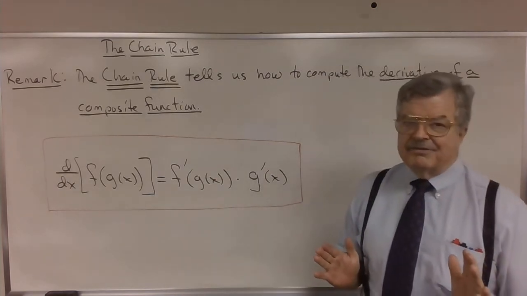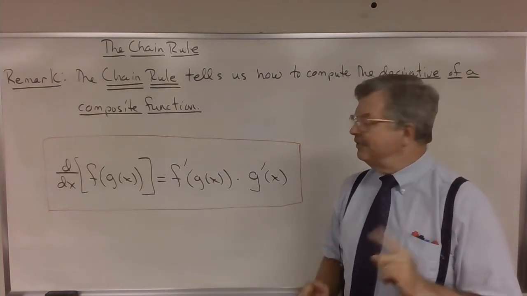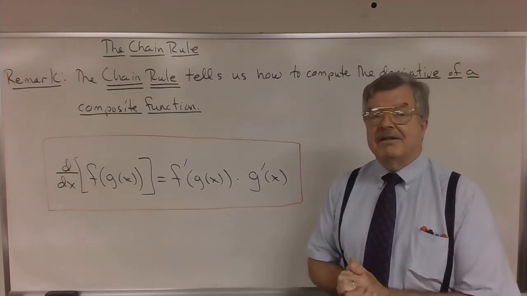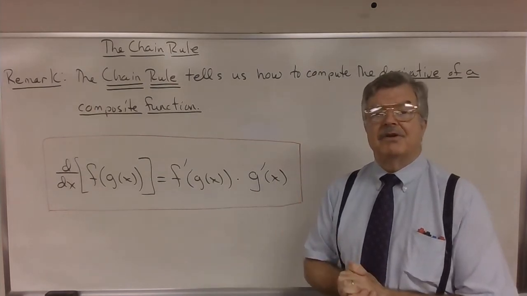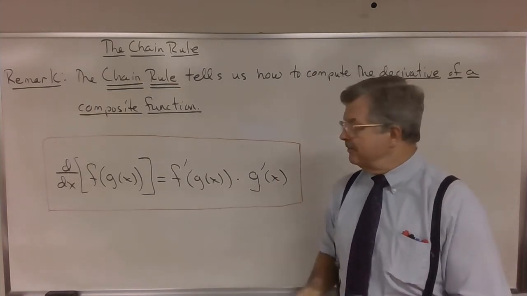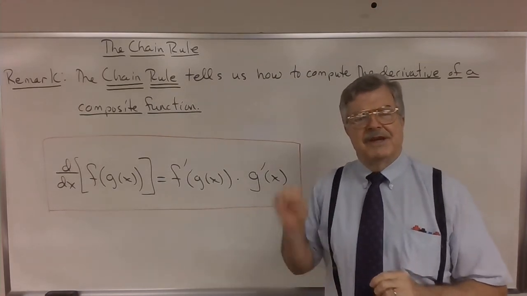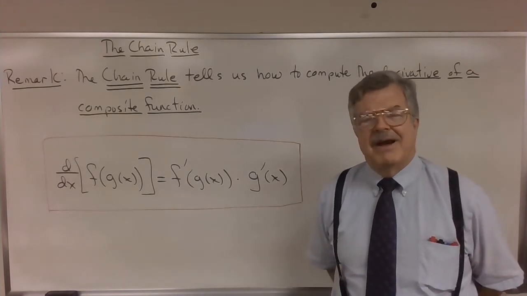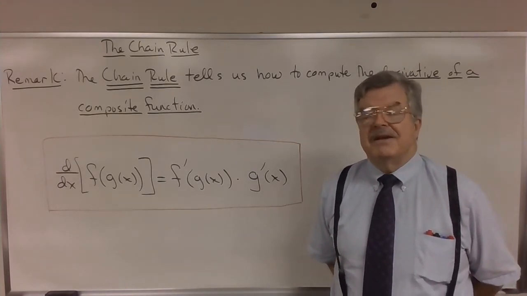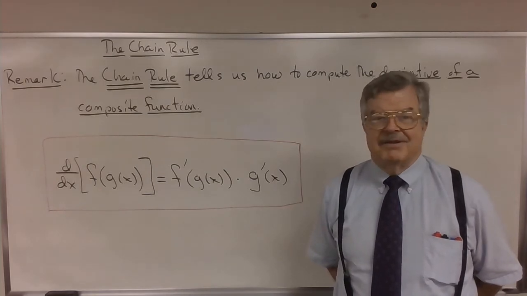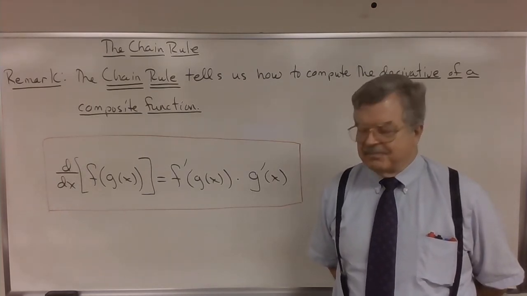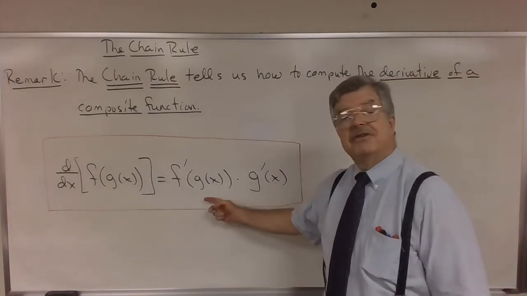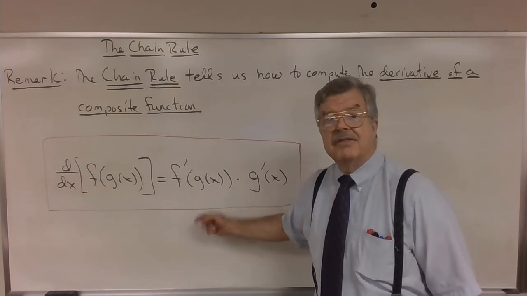A lot of our success in Calculus 2 depends on how well we get down the chain rule and the analog of the chain rule that we'll see at the end of the course, which is called U substitution. If we get those two things down in Cal 1, Cal 2 is going to be a heck of a lot easier. So, without any further jibber-jabbering, let's get on to diagramming the chain rule.